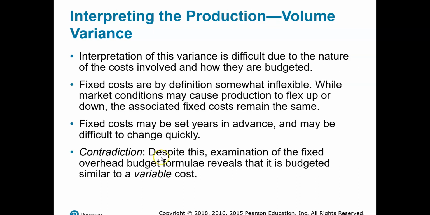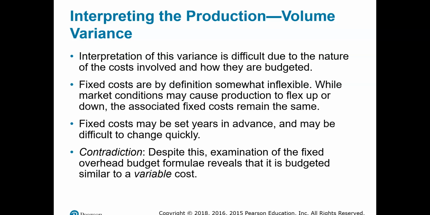Now, fixed costs, obviously, are inflexible to some degree. Why? Because these are long-term leases, these are long-term assets we have, and even if they're not really long-term in nature, a lot of these are set years in advance, and we can't really change them quickly. But some of these are maybe on a year-by-year basis, such as salary, personnel.